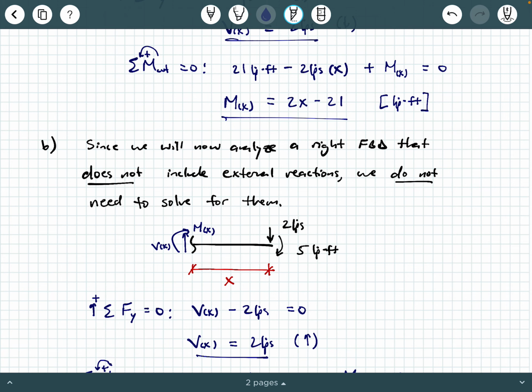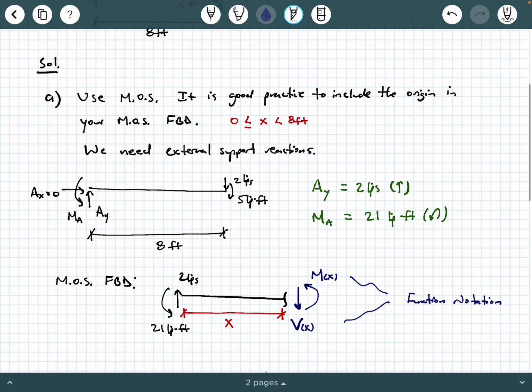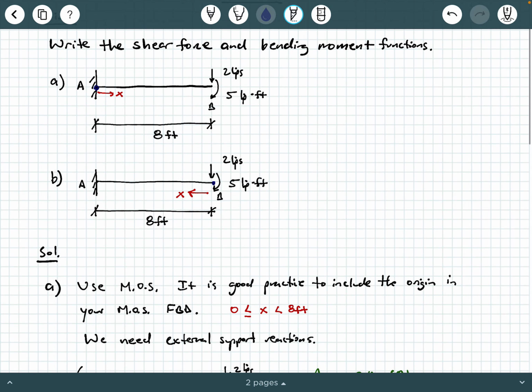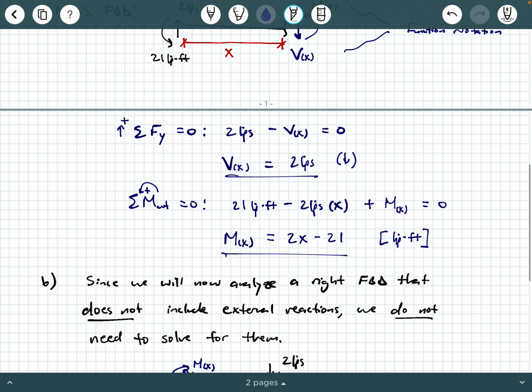So let's do a quick little experiment. In the original beam, what's the moment at the free end? Let's look at our moment function from part A. At the free end, x equals 8 feet.